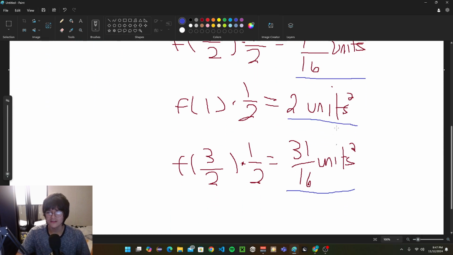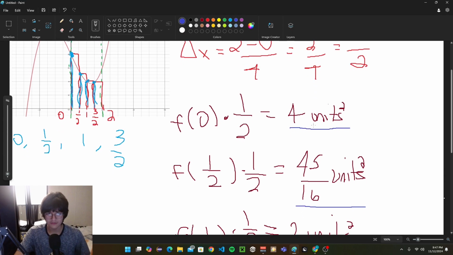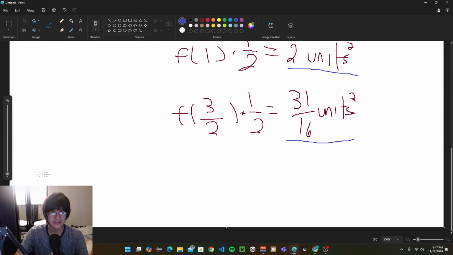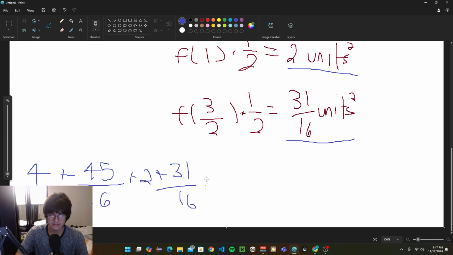So now you have your 4 areas, so we're going to add them together now. So that's 4 plus 45 over 16 plus 2 plus 31 over 16.